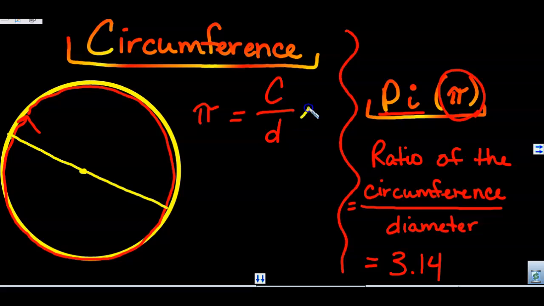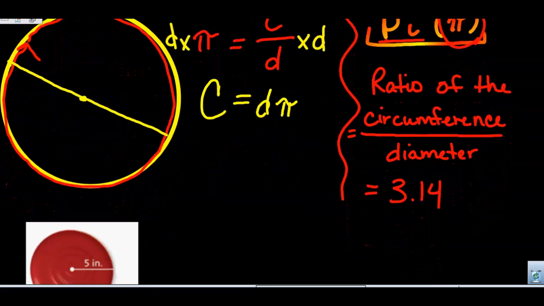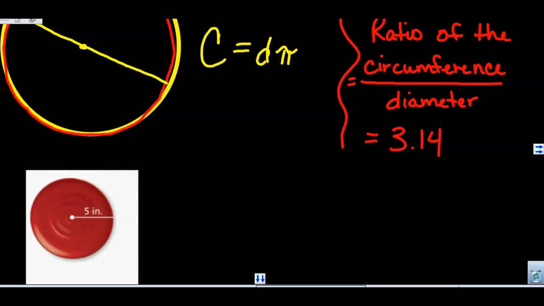So if I multiplied both sides by d, solving for the circumference, we would find that the circumference of any circle is equal to the diameter times pi. Voila. So let's try a couple of examples with this.